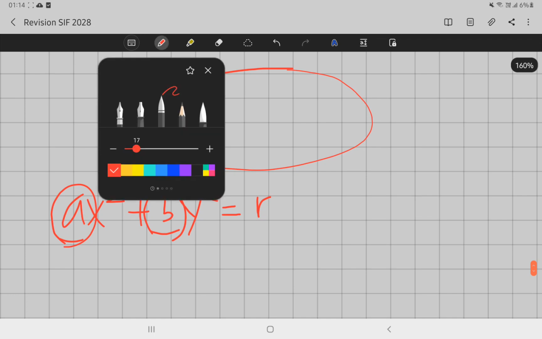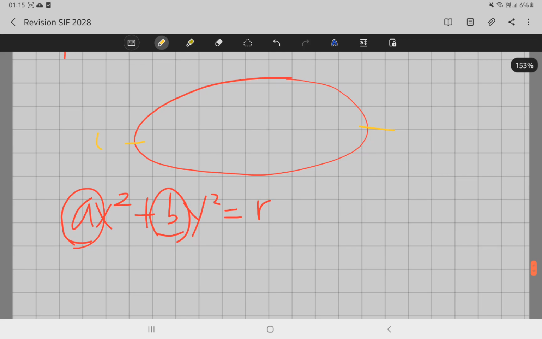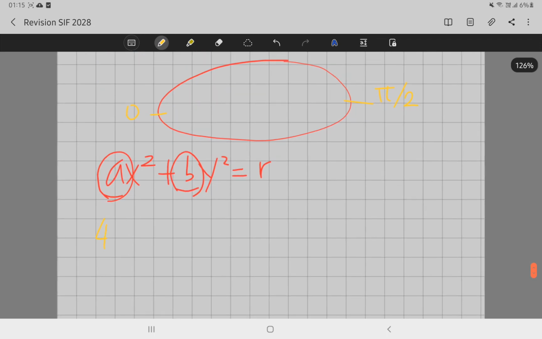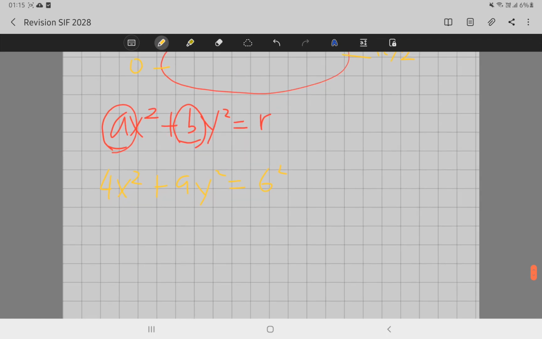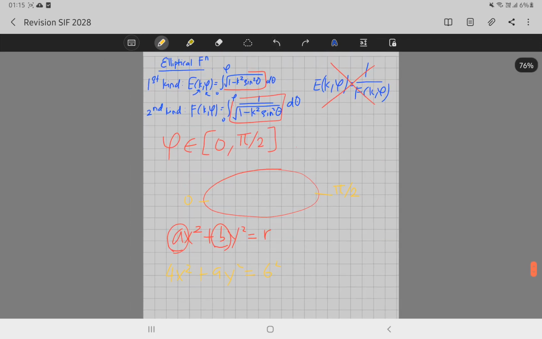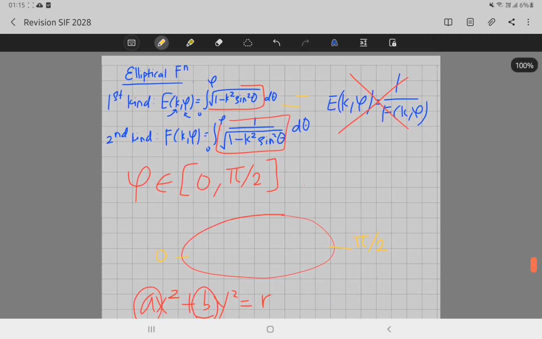So first we can integrate from 0 to pi over 2. For example, the equation given is 4x square plus 9y square equals 36, or 6 square. We can transform it into polar form, and then integrate using the first kind. I think the first kind is already enough.